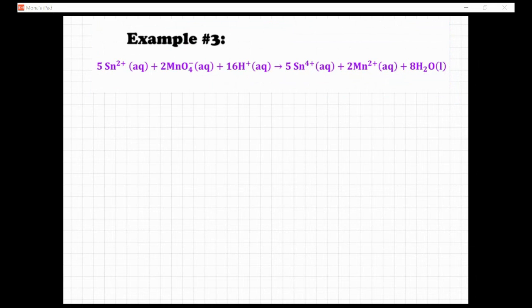Now, usually, as we said, we have to start by writing the reduction half reaction. But if it is difficult for me to see which species has undergone reduction, because I always have to start by writing the reduction half reaction, I will look at the oxidation. So I am looking at the Sn.